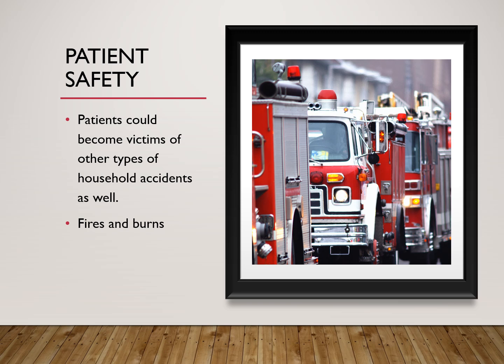Falls related to the fire, burn, or trauma from falling objects is also a possibility. Electrical wiring problems and faulty appliances are often to blame, especially space heaters. Patients at high risk of fire, burn-related injuries or death are the very young under the age of 4 and the very old over the age of 75.